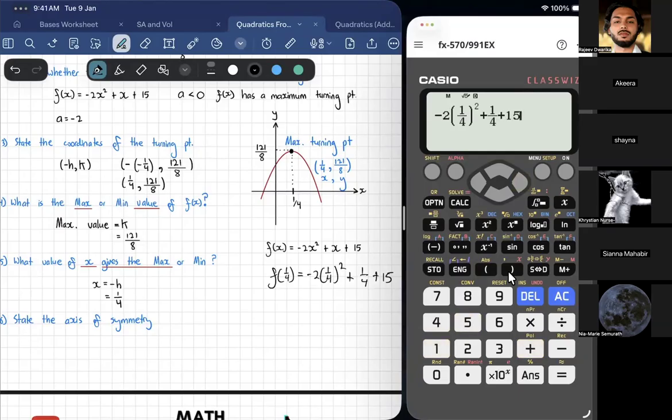Remind me. 121/8. That is what I'm supposed to get. Oh my God, that's crazy, right? So I hope you understand what I was saying about input and output. If I input a quarter, then my output, what I get out, would be 121/8. I really hope we're not lost.